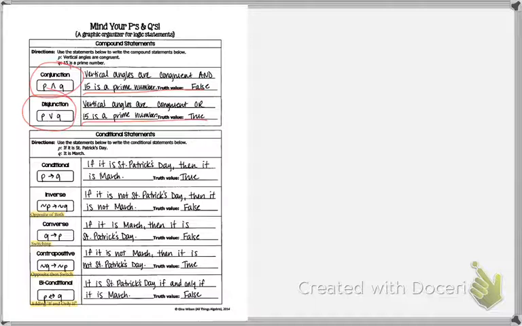So you just have to remember for a conjunction, both have to be true. That's for the conjunction. For disjunction, which means we're using the word or, either statement has to be true.